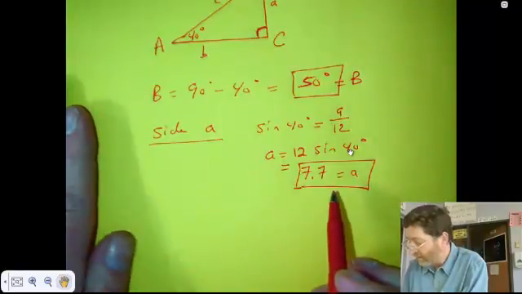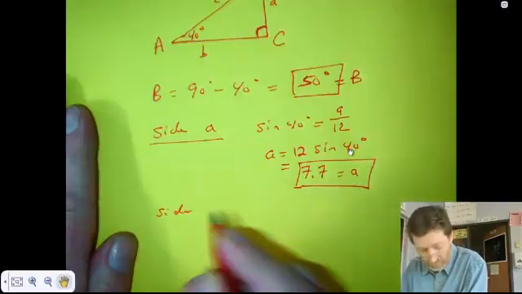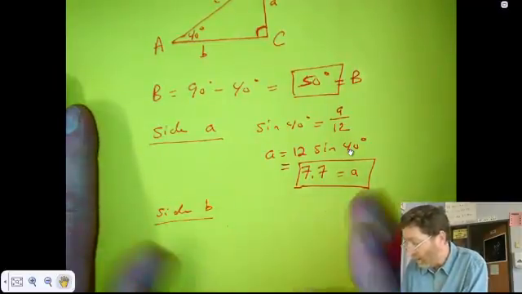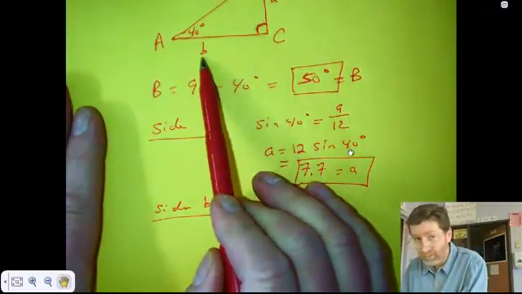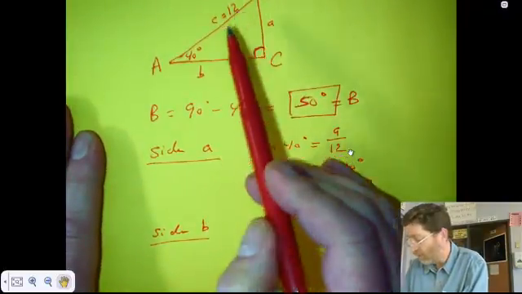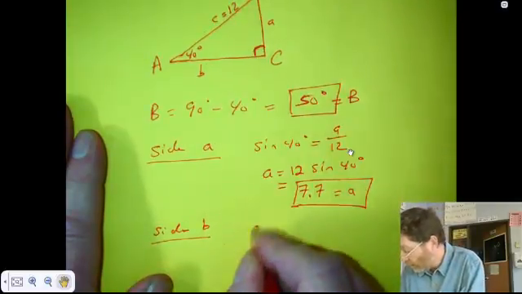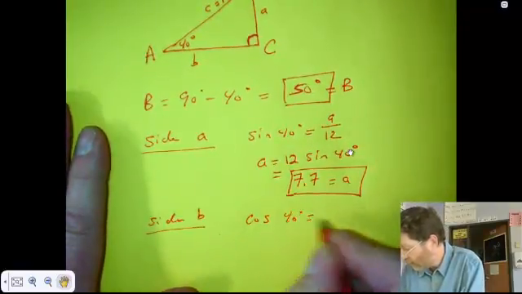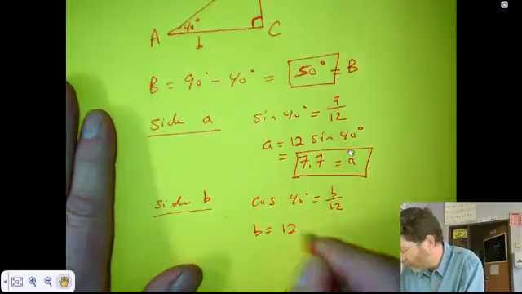Now let's find side B. Again, a lot of options I could use. I could use the Pythagorean theorem because I have two of the sides already. Or if I look from the angle, side B is the adjacent, right? I have the hypotenuse, so adjacent over hypotenuse is cosine. So the cosine of 40 degrees is B over 12, or B is simply 12 times the cosine of 40.